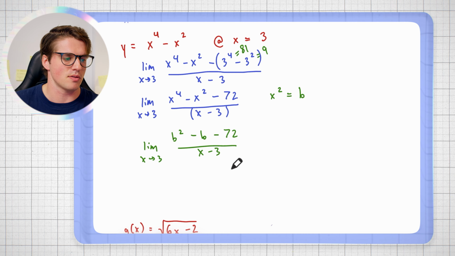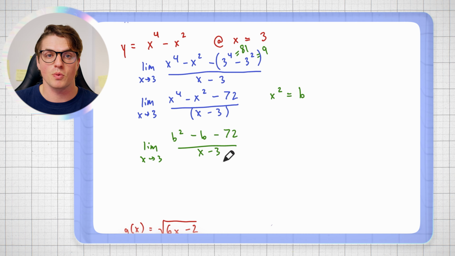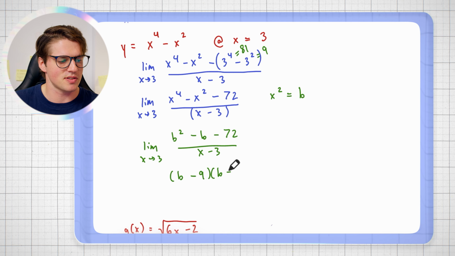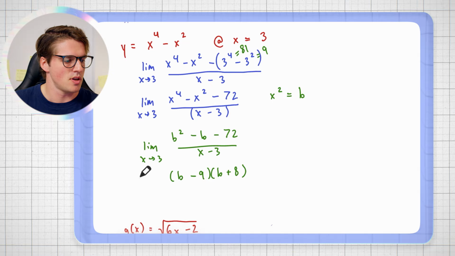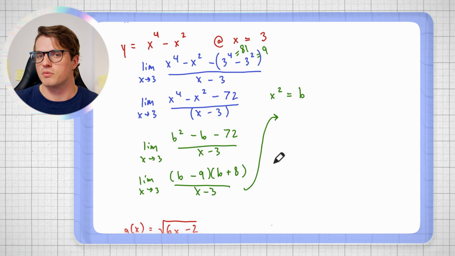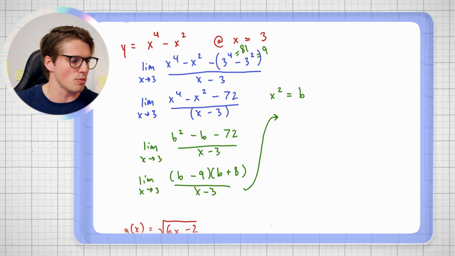Okay. b squared minus b minus 72. If we factor this, it ends up being (b minus 9) times (b plus 8), with the limit as x goes to 3 over x minus 3. Now, let's get rid of our b, we don't need that anymore.